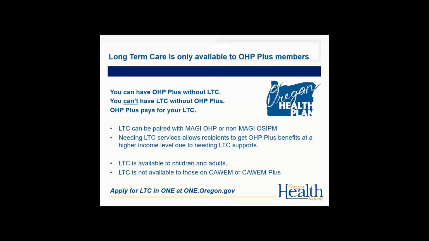So there are two different groups of people that will be eligible based on whatever their situation is. But once eligible for either one of those, they get an OHP Plus level benefit package. So it is the same coverage regardless of which group you're in. And each group does have long-term care available. So hopefully that helps clarify that we mean different groups just because it's based on different eligibility factors, but they get the same coverage.